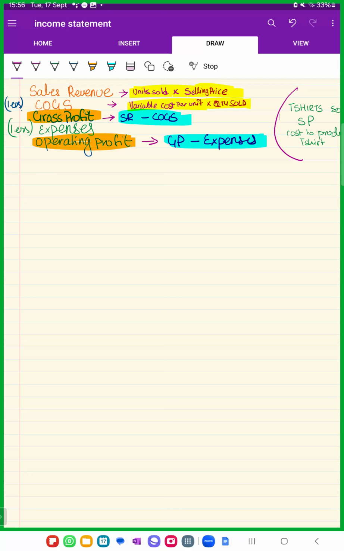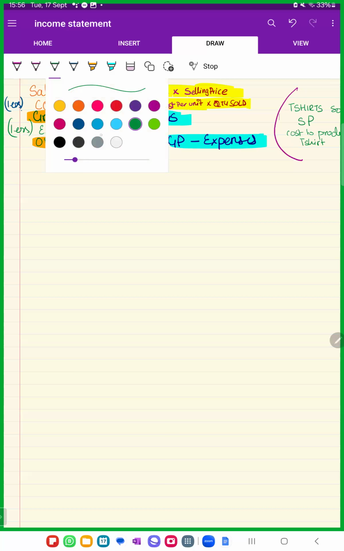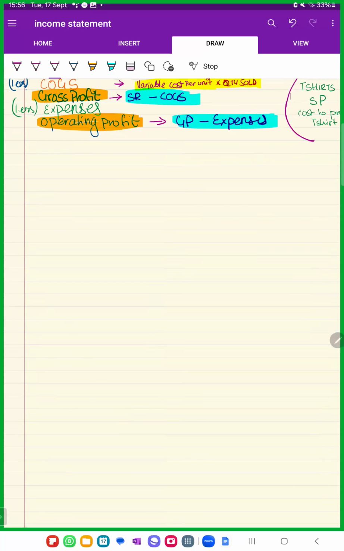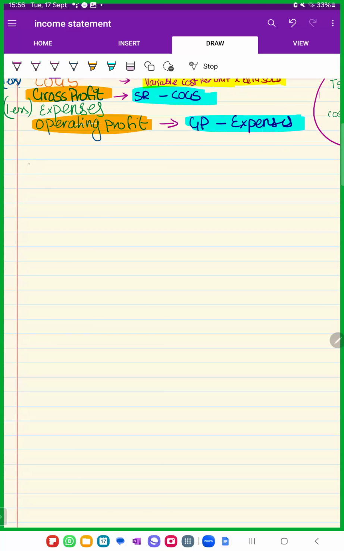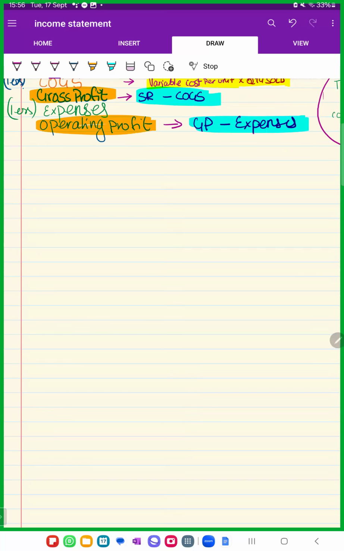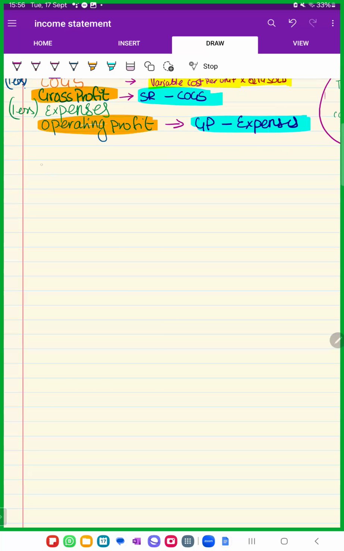So whenever a business calculates it in terms of numbers, they want to calculate it in terms of a percentage as well. When they want to take a percentage out for gross profit, they call it the gross profit margin.